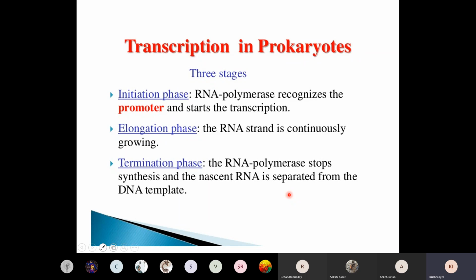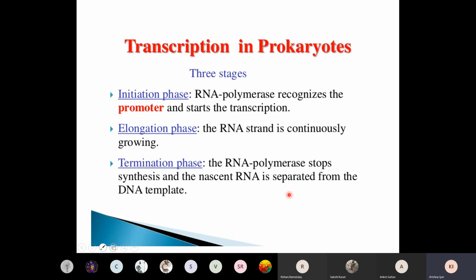So, in transcription, the initiation phase is where RNA polymerase recognizes the promoter, opens up the double-stranded DNA, and installs the first base of the RNA. This is what is called the start of transcription.